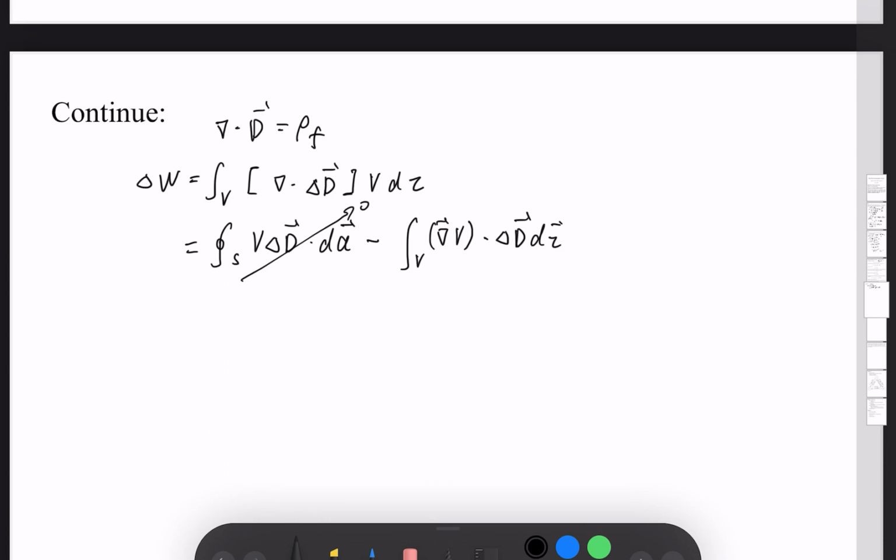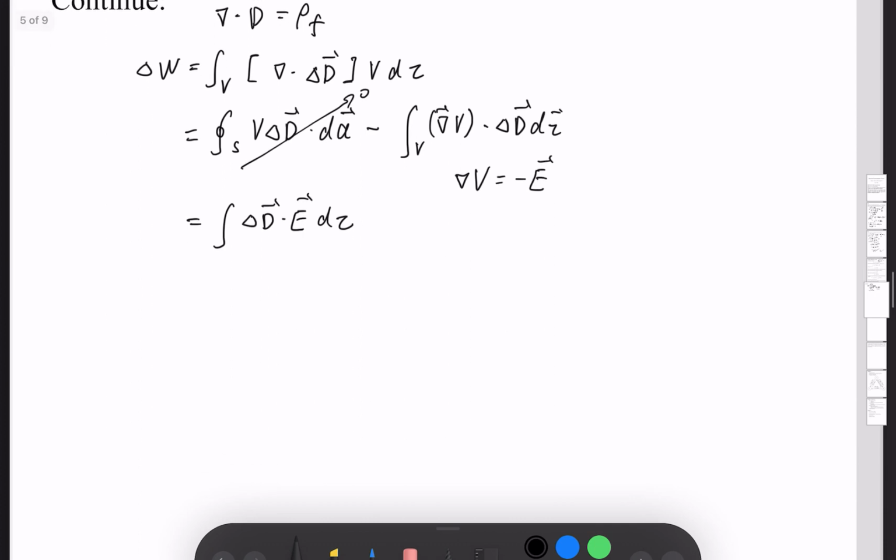So only the second term is left over. Remember that the gradient of V is the negative of E. Here you can see that we express this dW in terms of the displacement vector and the electric field.